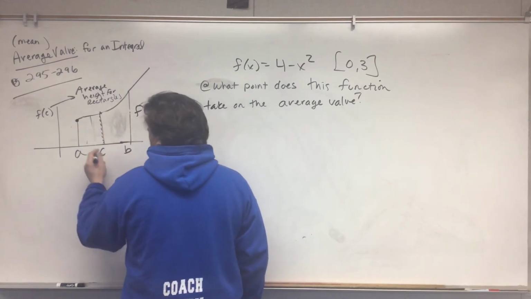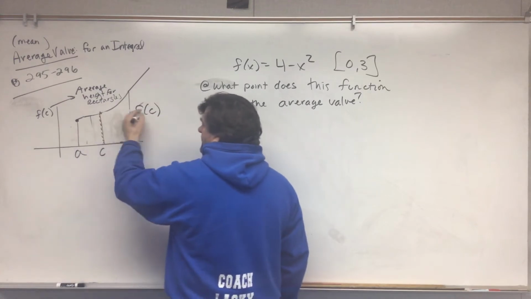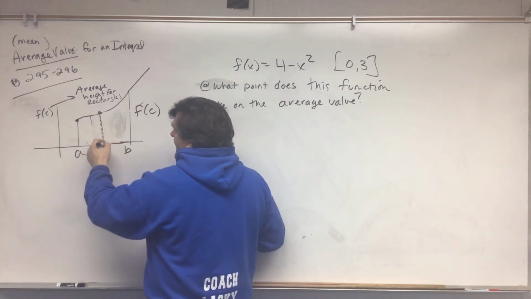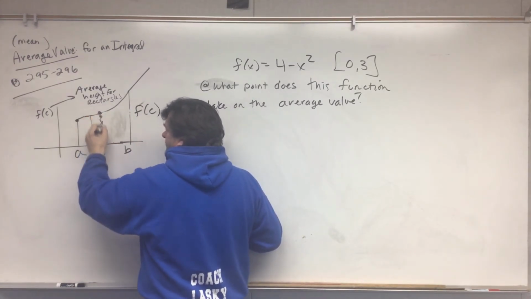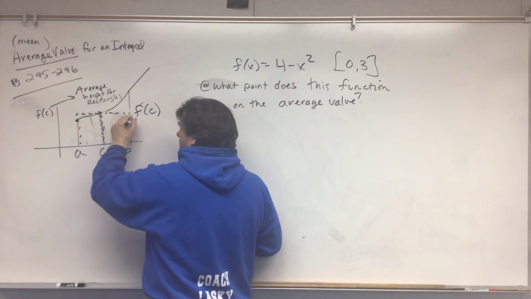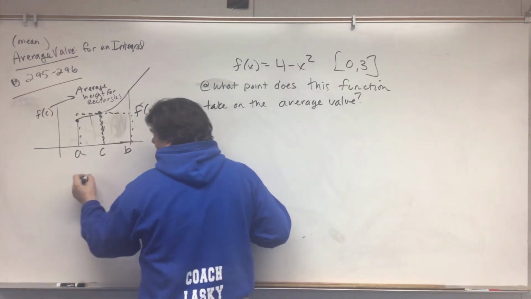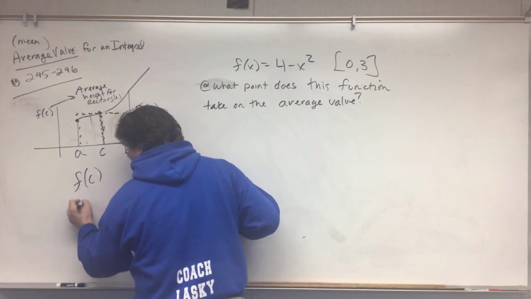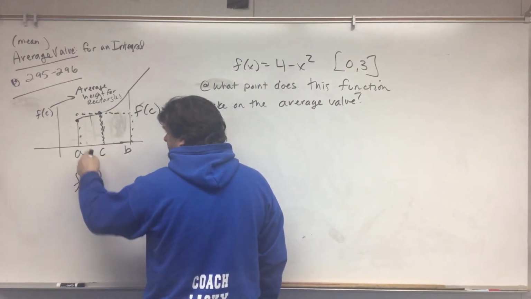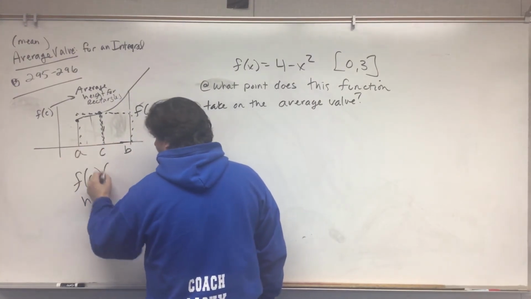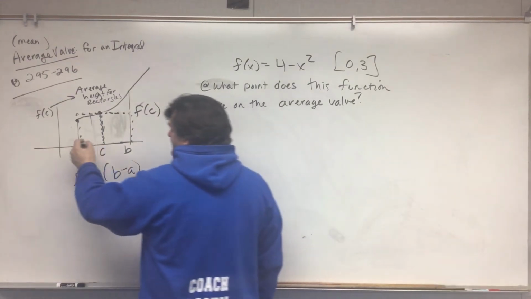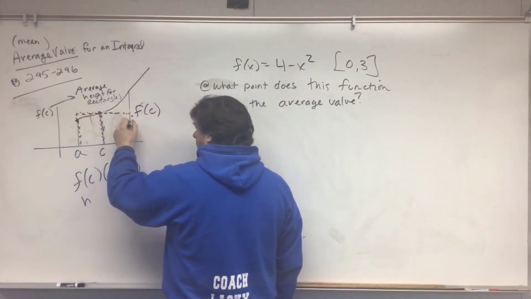We have f of c, and the area of this big rectangle is f of c, our height for the average value, times our width, which will be b minus a.